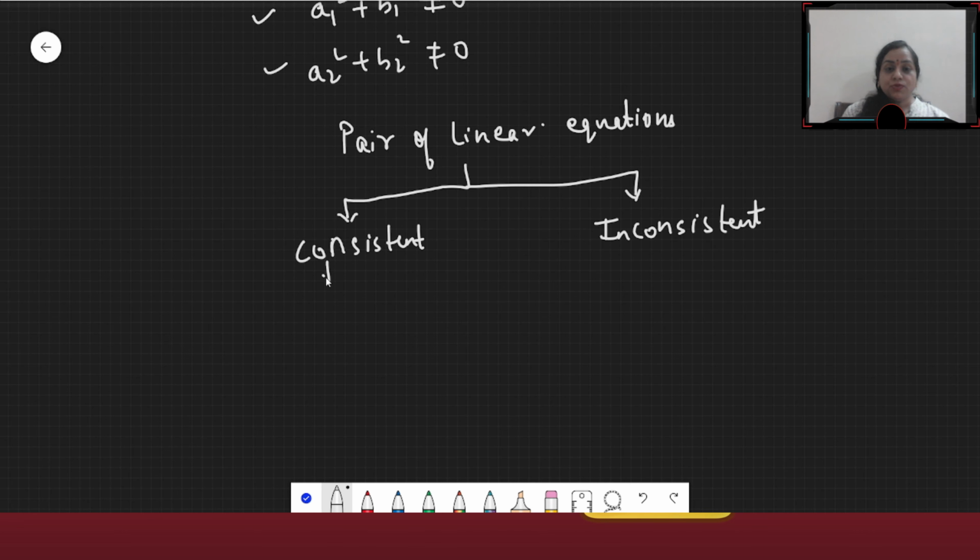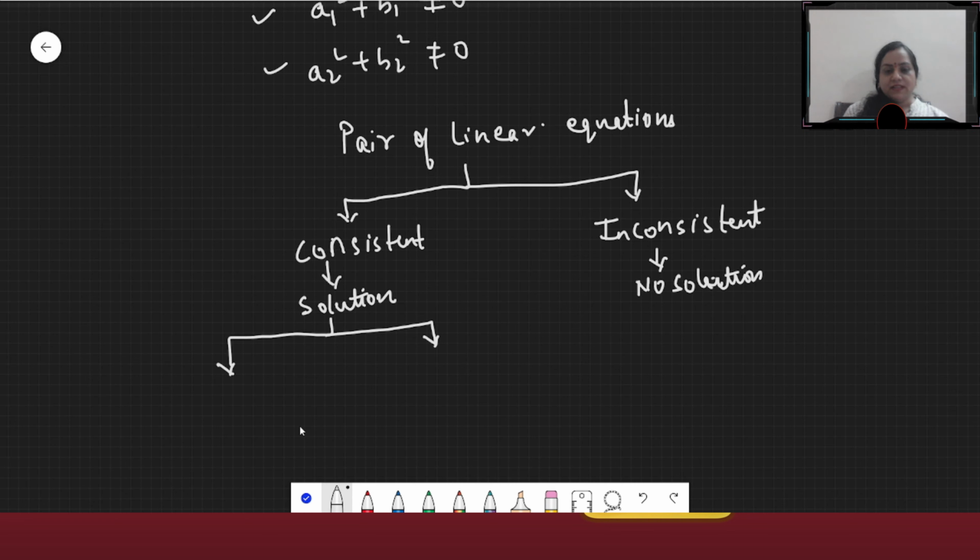Whenever there is a solution to the pair of linear equations, we call it consistent. Whereas when there is no solution, we call the pair of linear equations inconsistent. Now, under consistent, that is whenever there is a solution to the pair of linear equations, again there are two types.